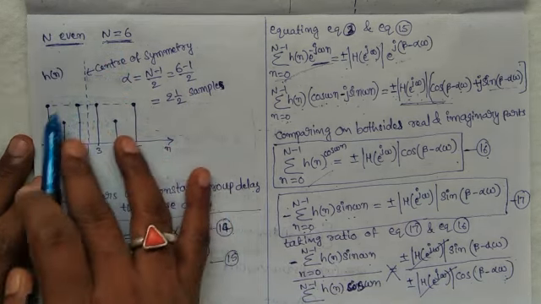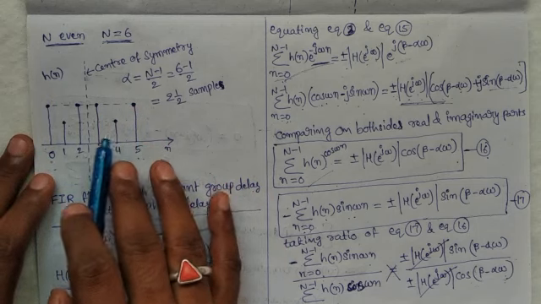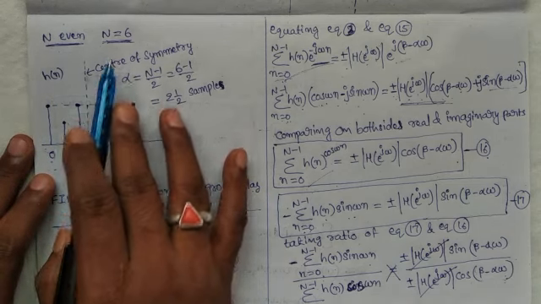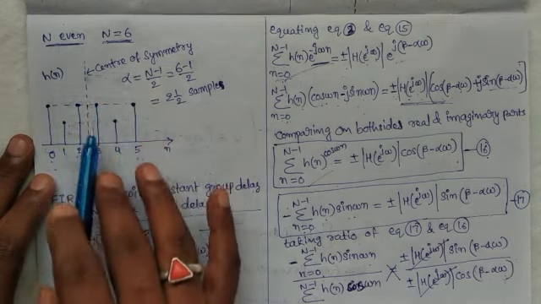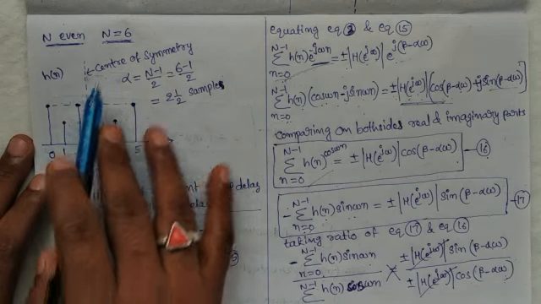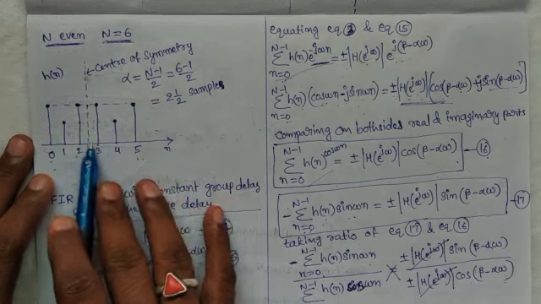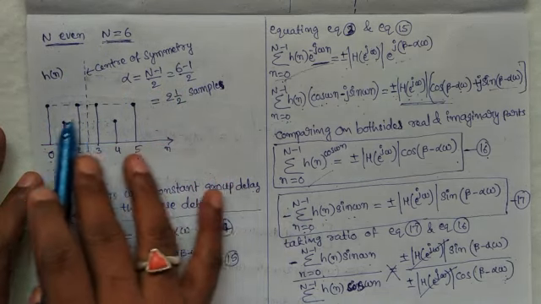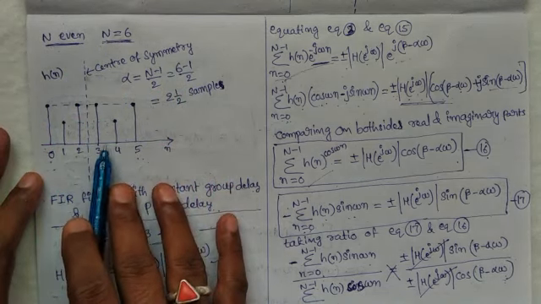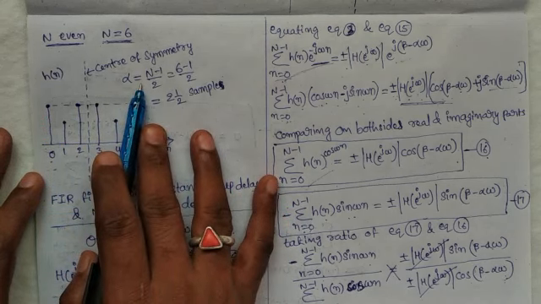This is our impulse response h of n, for capital N is equal to 6, means for even values of N. Actually this impulse response is symmetrical about alpha.